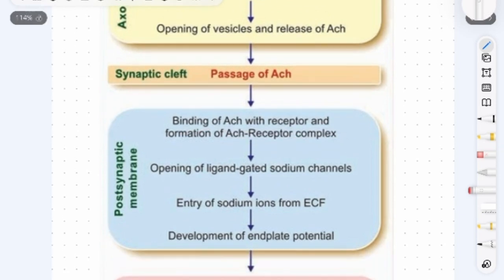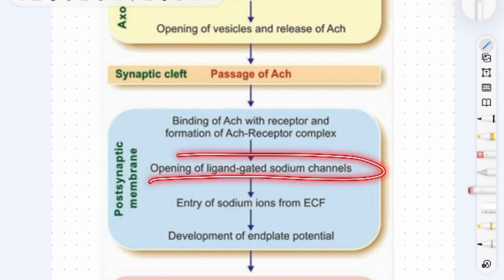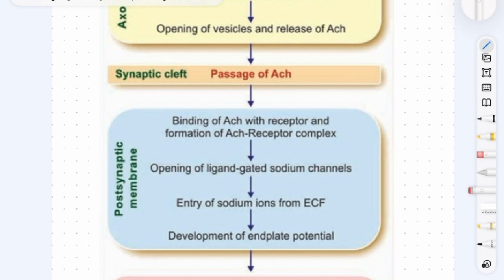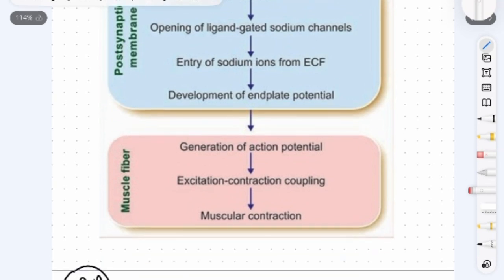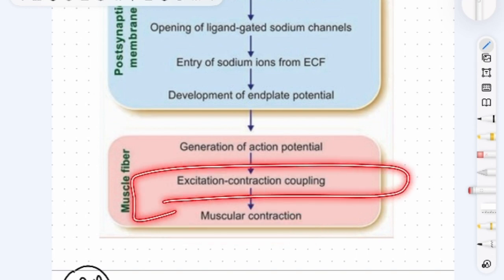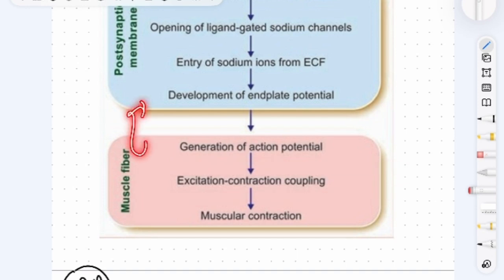Due to this formation, there will be opening of ligand-gated sodium channels, and due to this there will be generation of end plate potential. Due to the end plate potential, there will be generation of an action potential again, which causes the muscle contraction. We'll talk about excitation contraction coupling in detail. The process involved in between, we'll talk about in another video.